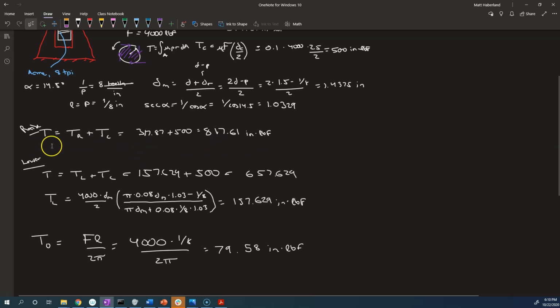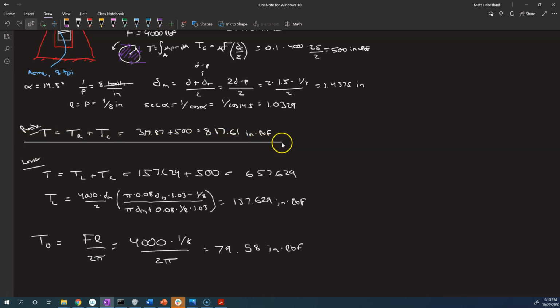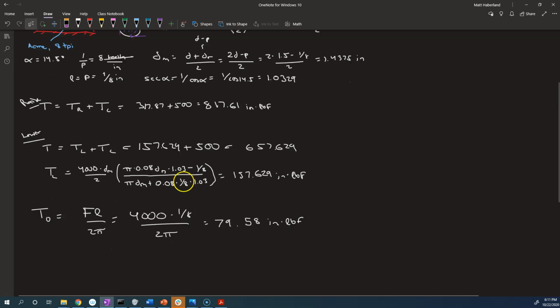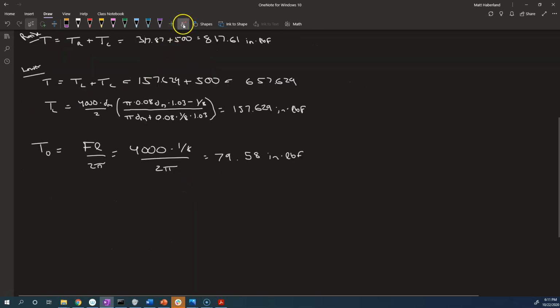It only ever makes sense to calculate the efficiency of raising the load or doing positive work, because the efficiency of doing negative work is really, really bad, right? It shouldn't take any energy in order to do negative work. You can do negative work with brakes on your car. So it only really makes sense to calculate the efficiency for raising the load or doing positive work.